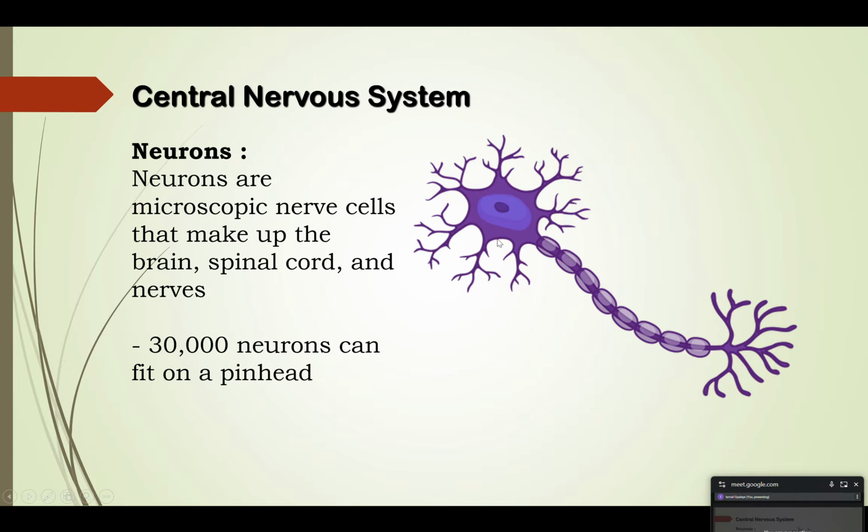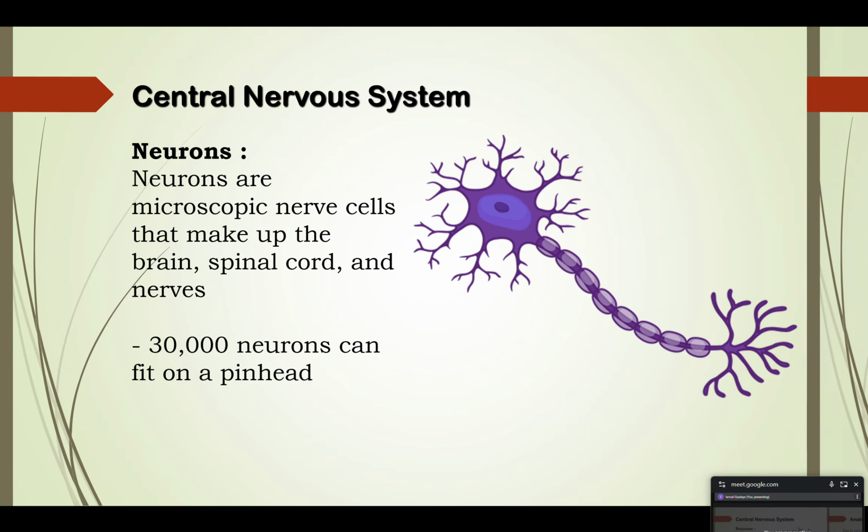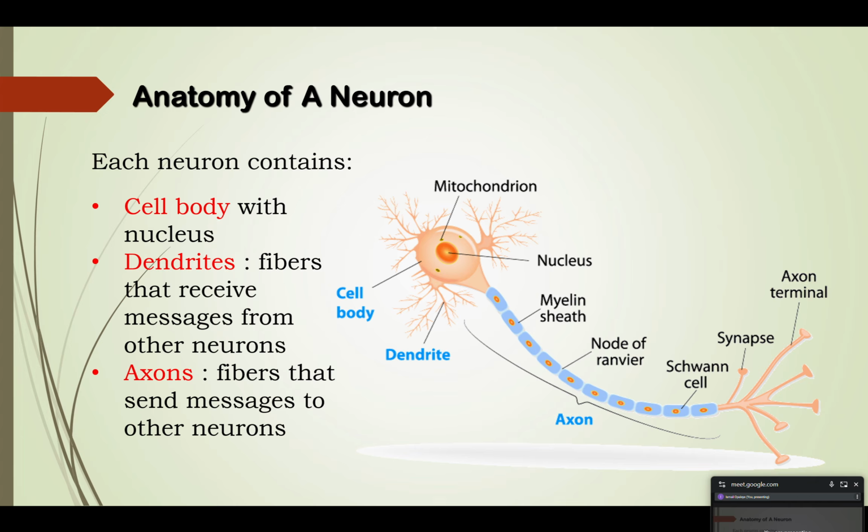Okay, so this is the neuron. I still have a better diagram ahead. Let's briefly talk about the structure of the neuron. Each neuron contains a cell body. This is the cell body here, this circular structure.